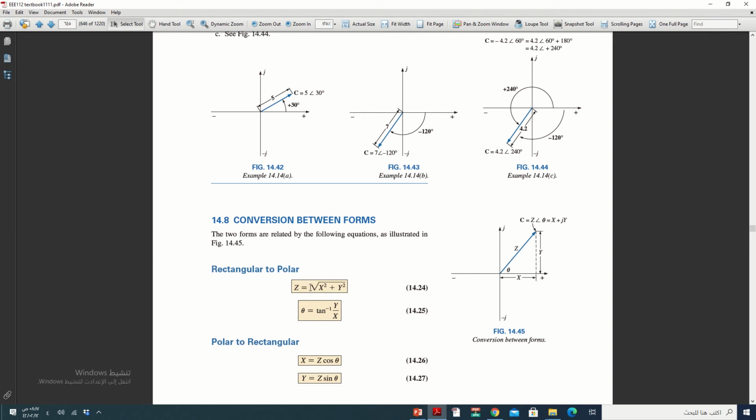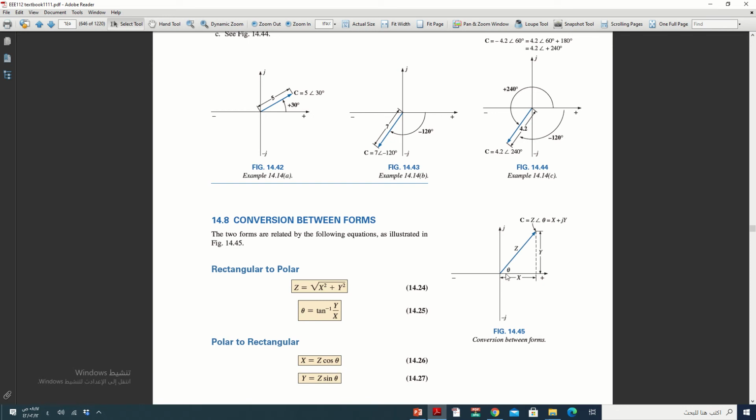if we need to write z and theta in polar, z equals the square root of x square plus y square, similar to Pythagoras. Okay, we have x and y, we can square the x and square the y, and put it under the root, we will get the z. And how to get the theta?